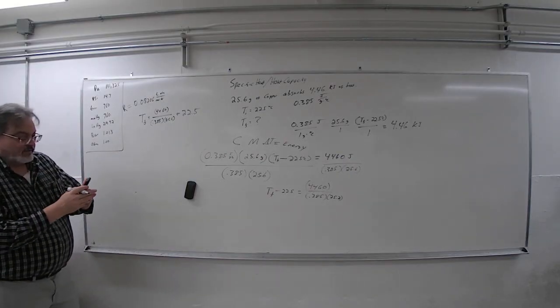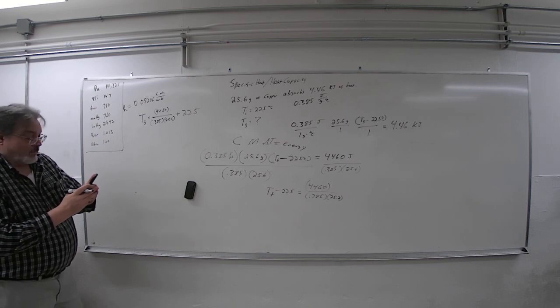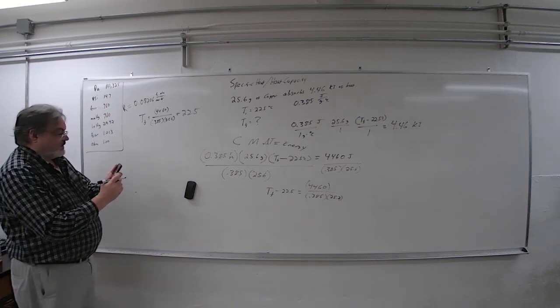I bet my answer key is wrong for some reason. 4460 divided by 0.385 divided by 25.6.